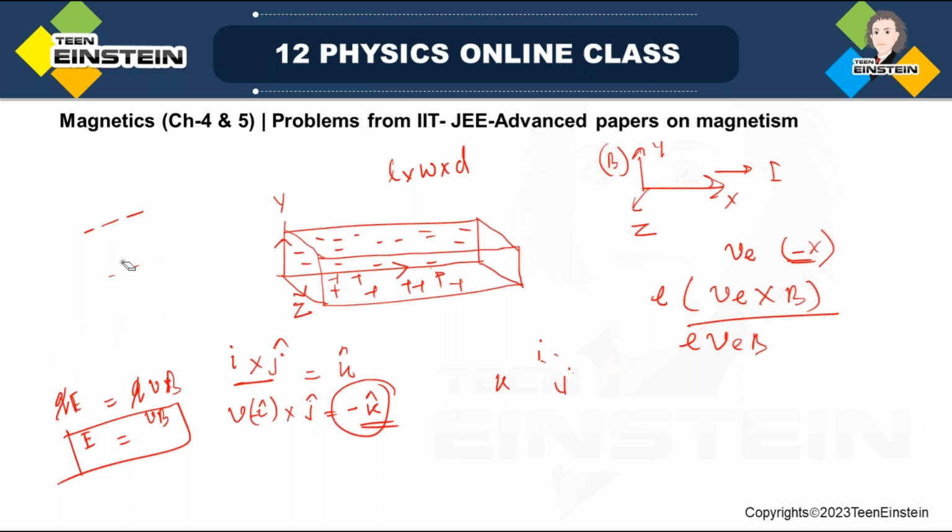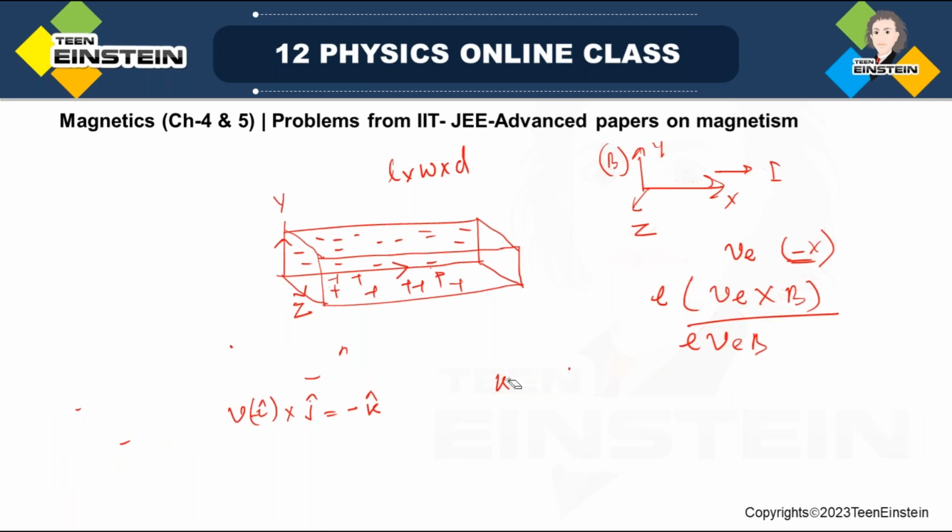I'll just show you pictorially how the electric field is here. So magnetic field is along positive y direction now.